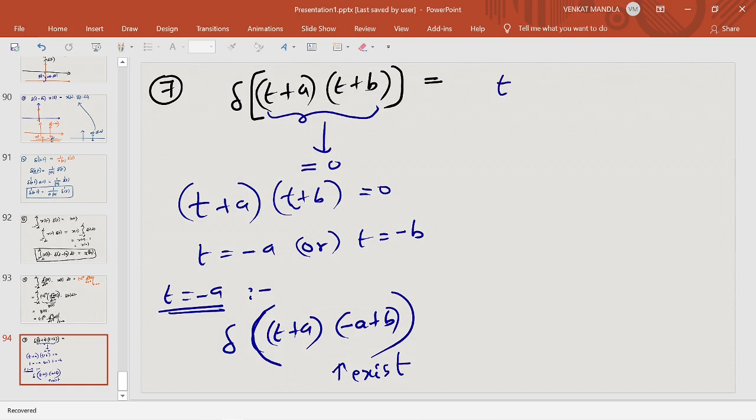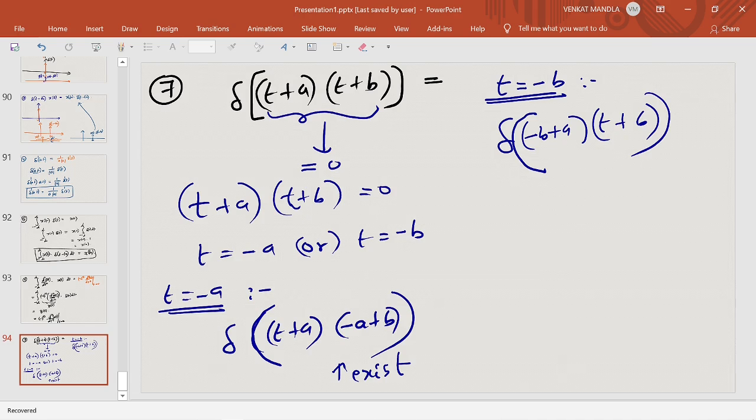In the second case, at t equal to minus b, substitute minus b plus a for the first factor times (t+b). Substituting t equal to minus b gives 0, so δ(0) times anything is 0 argument, and the impulse exists. Its value is infinity, its area is 1. That is an impulse.